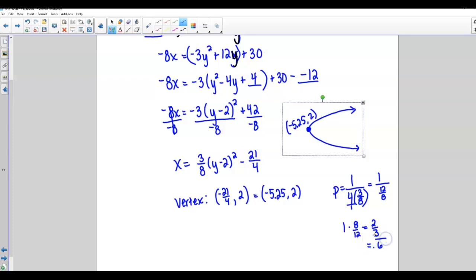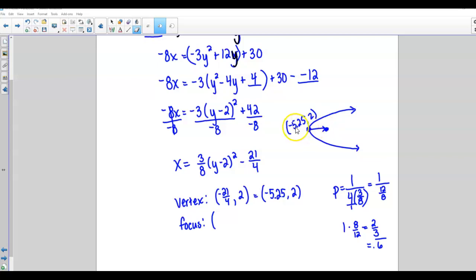So I made a problem that gives a little bit ugly answers here. So to find our focus, we need to go to the right 0.6 repeating. Because these answers are a little bit ugly, I'm going to grab the calculator for this. I won't give you one on the calculator inactive problem where you've got to add something quite this bad as far as the fractions go.